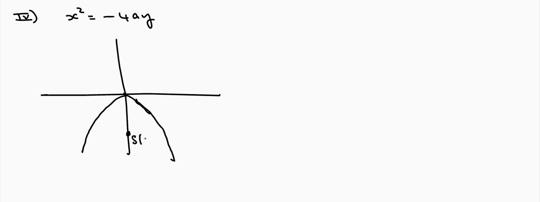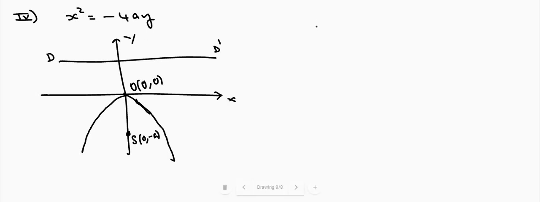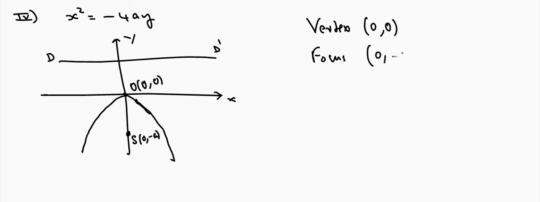It is the fixed point (0, minus a), the vertex is (0, 0), and the directrix will be a line dd dash which is parallel to the x-axis. The vertex of the parabola is (0, 0) and the focus is (0, minus a).